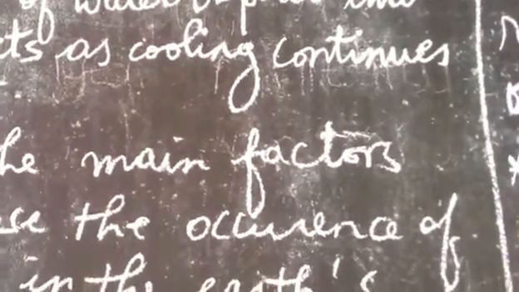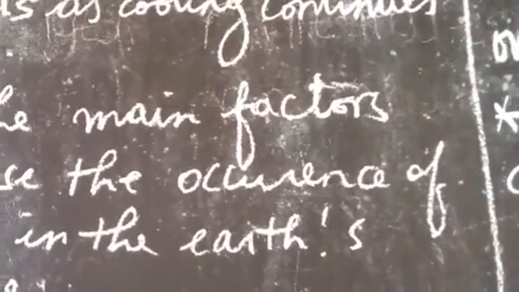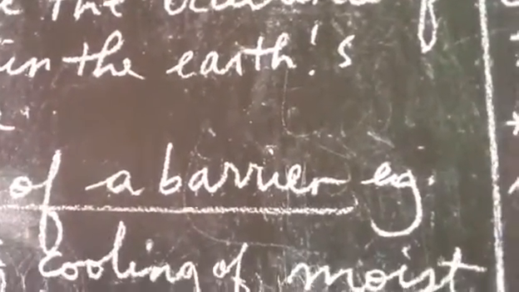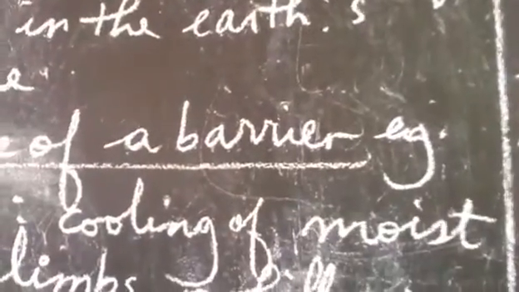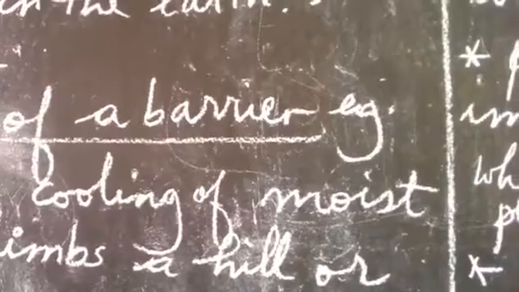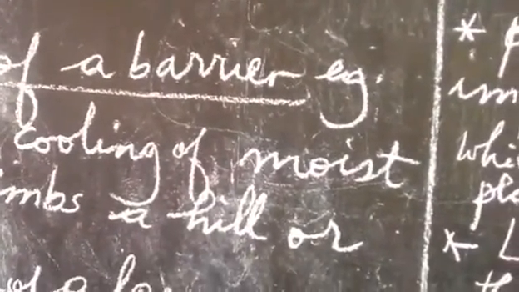Explain the main factors that may cause the occurrence of condensation in the Earth's atmosphere. Here, this question is asking what causes the existence of condensation in the Earth's atmosphere. So those are causes of condensation in the Earth's atmosphere.